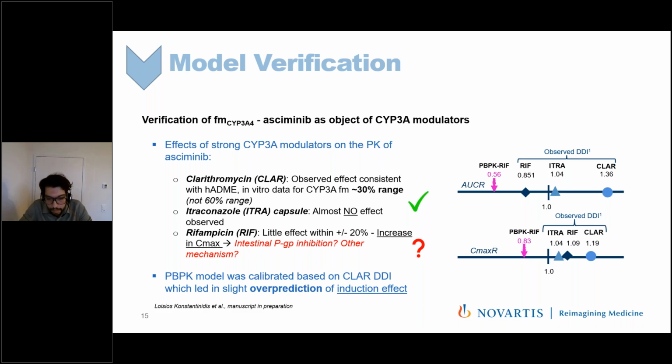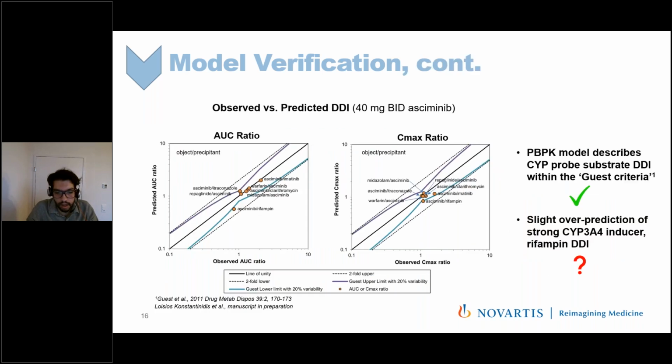So overall, our basic assumption, and we can go to the next slide, was that the fm CYP3A4 is about 30% and calibrated using the clarithromycin DDI data. The slide shows the performance of the model in predicting the different drug-drug interaction studies for both AUC ratio on the left and Cmax ratio on the right, based on the GMR criteria and 20% intra-subject variability.